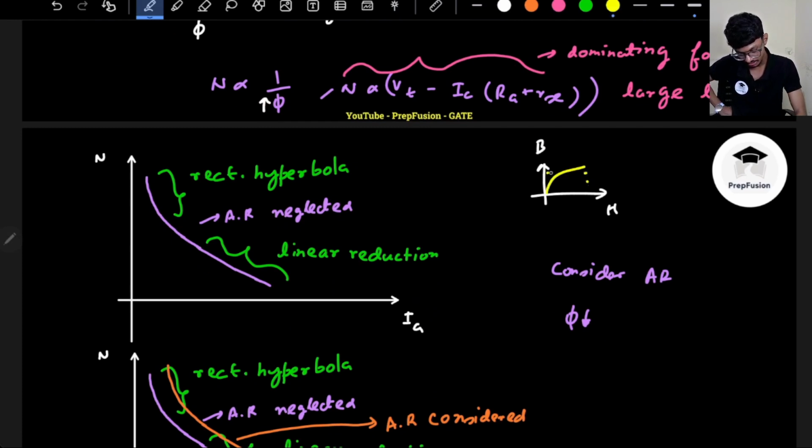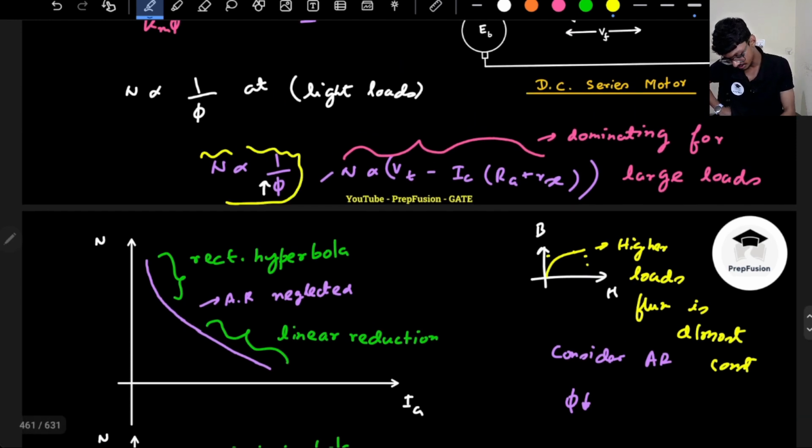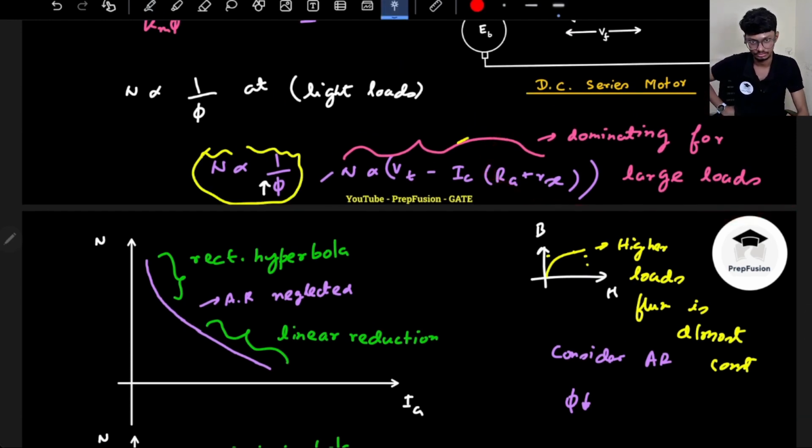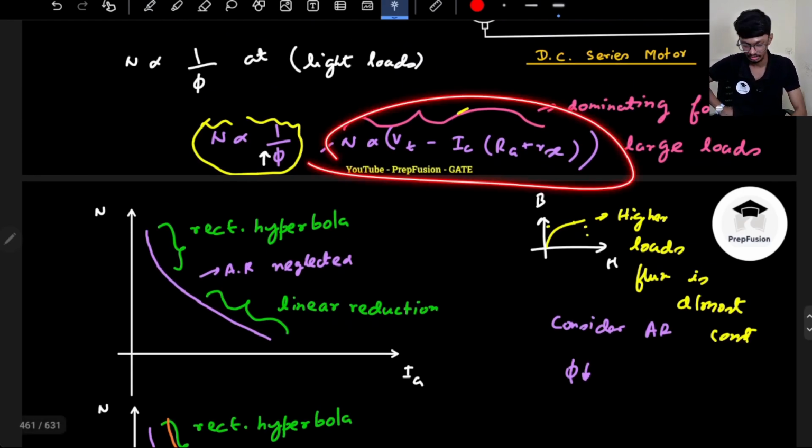At higher loads, due to saturation, flux is almost constant. So if flux is constant, it does not depend on this, it only depends on this. That's why this is dominating for large loads. Got it? So this will all be a linear direction because this will be dominating for large loads.